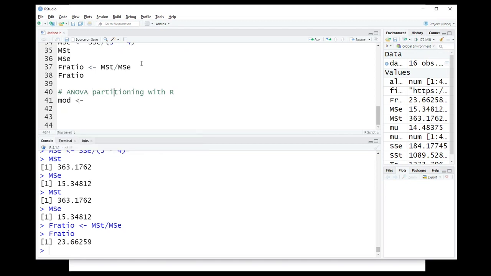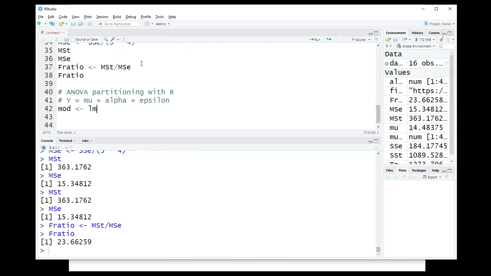Remember the model, I'm writing it again here. The model was y equal to the intercept plus the alpha effect plus the error effect. So coding a model would be pretty easy.